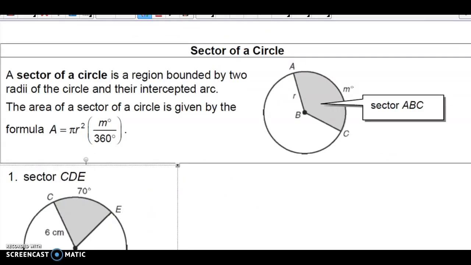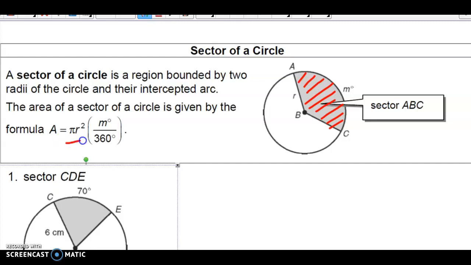Okay? So, next, which is the sector of a circle. Basically, the sector of a circle is a region bounded by two radii of the circle and their intersected arc. So it's an area. Basically, I can say it is this part. We call it a sector. Okay. So the area of a sector, we want to find the part I shaded, is pi r squared.